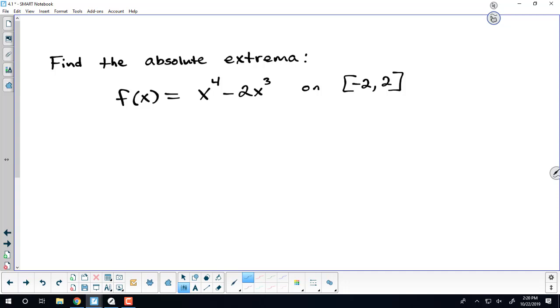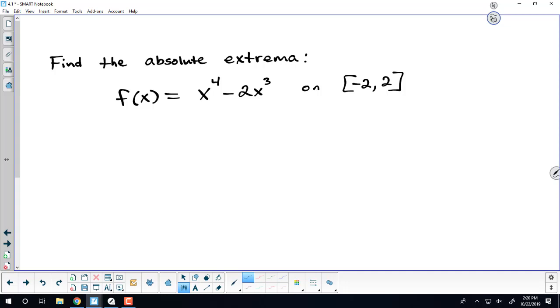So the procedure was to locate the critical points and then evaluate the function f at the critical points and at the endpoints -2 and +2, and then look for the highest y value and the lowest y value.